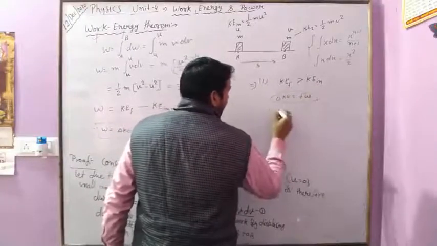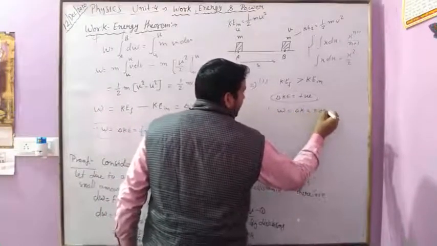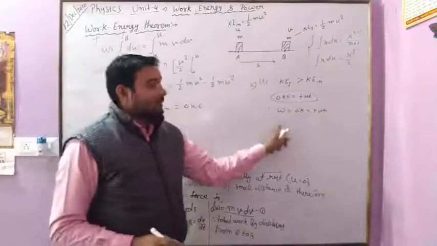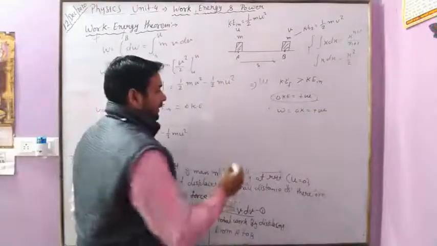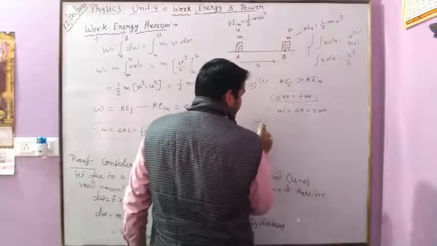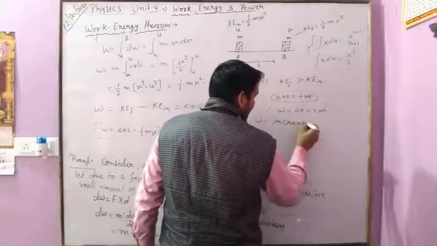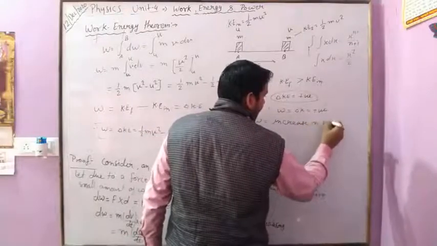Okay, that will gives that del K is positive, is the work done is equal to increase in kinetic energy. Okay, so first statement we have here, work done is equal to increase in kinetic energy.